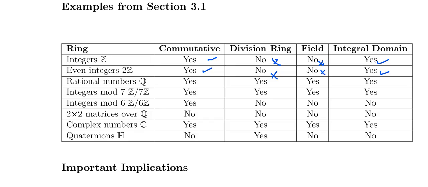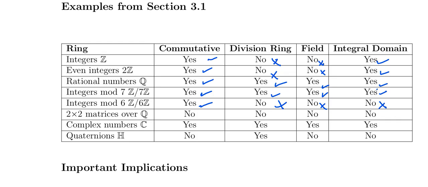Similarly, even integers form a commutative ring, not a division ring, not a field, and not an integral domain. Rational numbers form a commutative ring, division ring, field and integral domain. Integers modulo 7 form a commutative ring, division ring, field and integral domain. But integers modulo 6 form a commutative ring, not a division ring, not a field and not an integral domain.